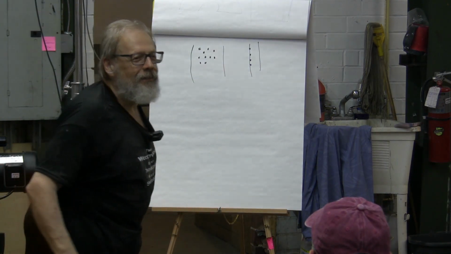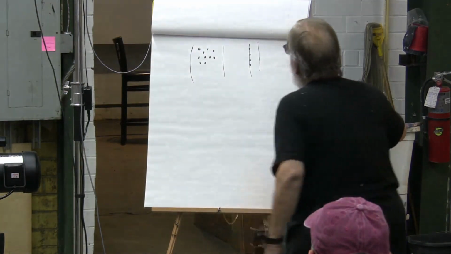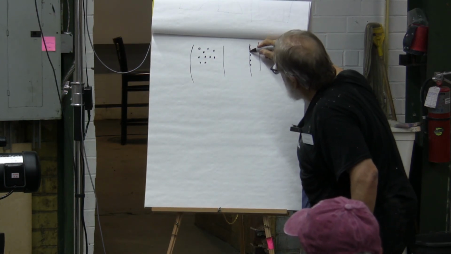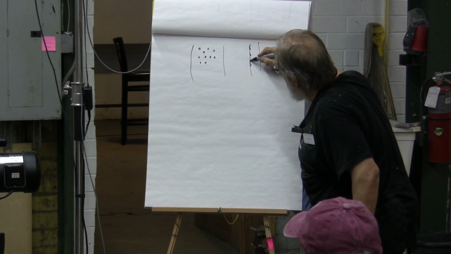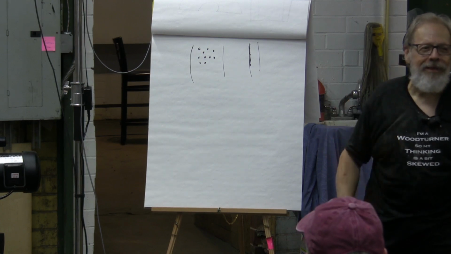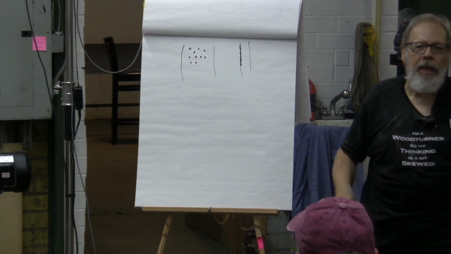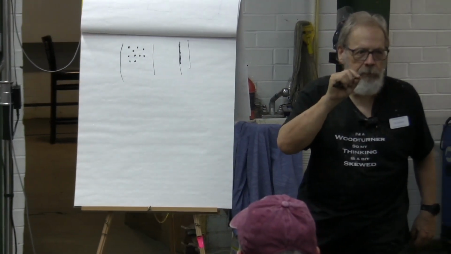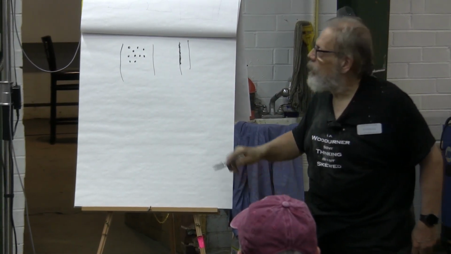Take your gouge and skim off the surface till you get to the bottom of that little indentation that you made, all right? And you can see it'll be a little whiter because you compressed it.